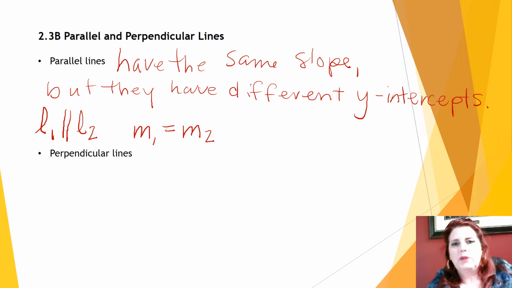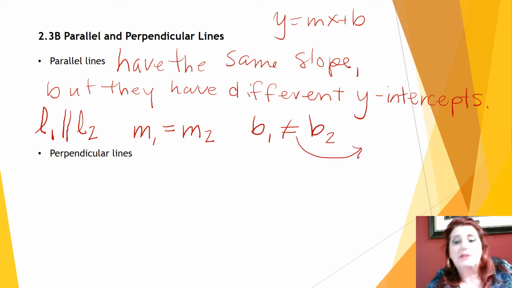But when we put it in y equals mx plus b format, the slope-intercept format, the y-intercepts cannot equal each other. If they did, they would be the same line. We don't want the same line.